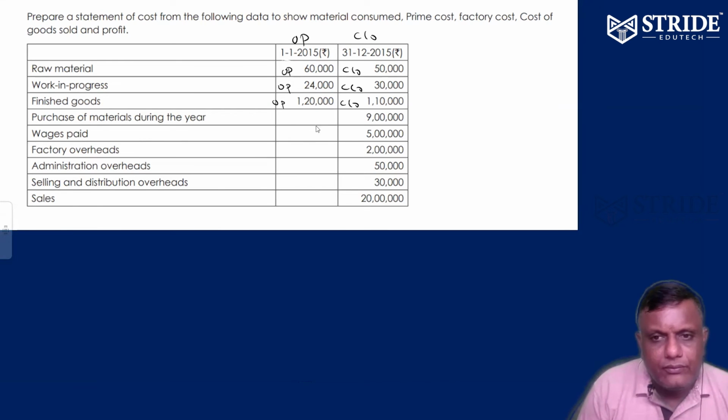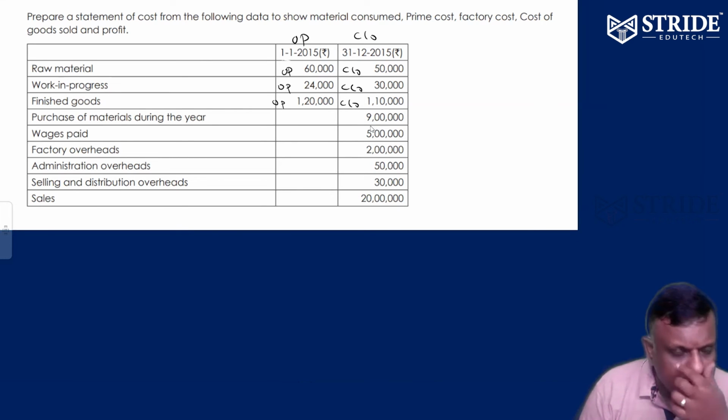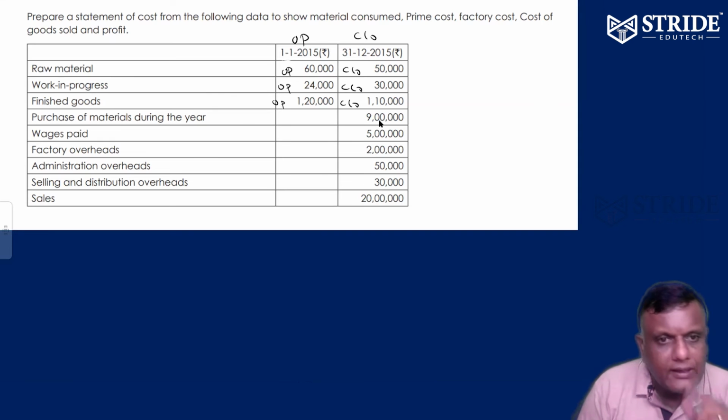Opening raw material 60,000, closing raw material 50,000, opening WIP 25,000, closing WIP 30,000, opening FG 1,20,000, closing FG 1,10,000. Purchase of material during the year 9 lakhs.